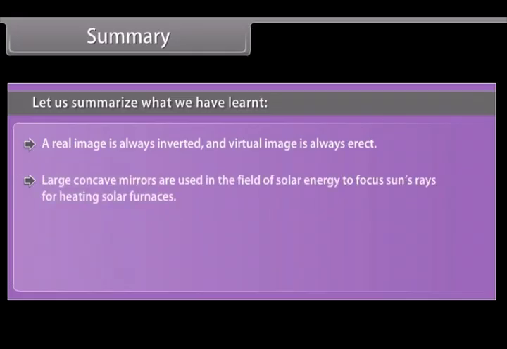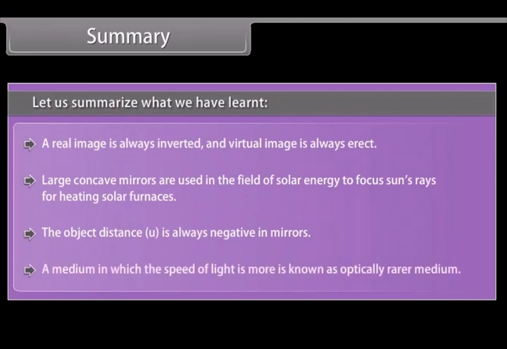Large concave mirrors are used in the field of solar energy to focus the sun's rays for heating solar furnaces. The object distance u is always negative in mirrors. A medium in which the speed of light is more is known as an optically rarer medium.